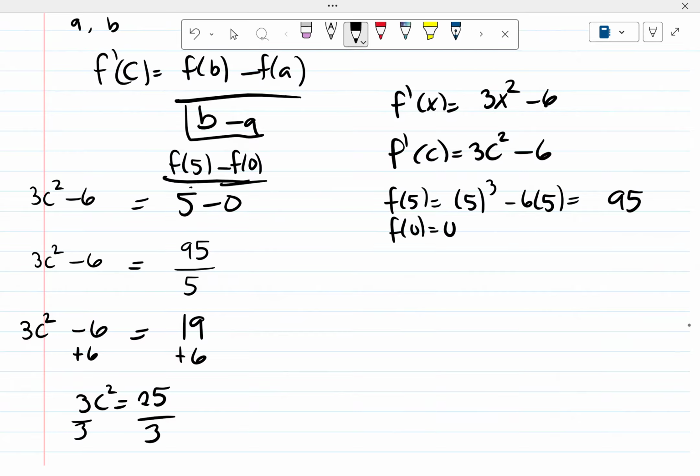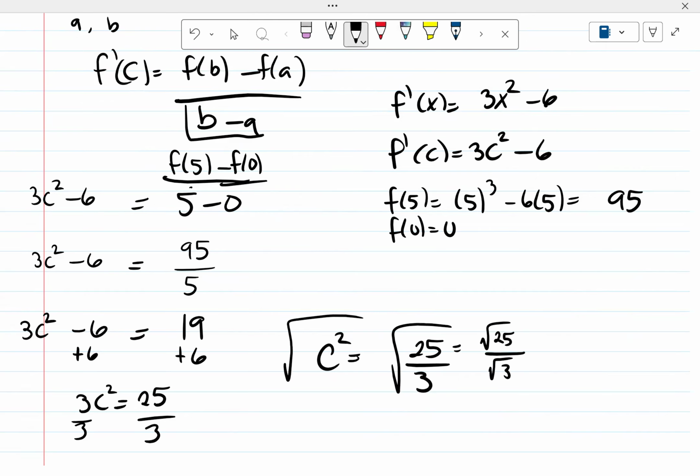Divide by 3. You get c squared equals 25 over 3. Solve for c by taking the square root. This is the same thing as square root of 25 over square root of 3. Square root of 25 is 5, over square root of 3. Rationalize the denominator.